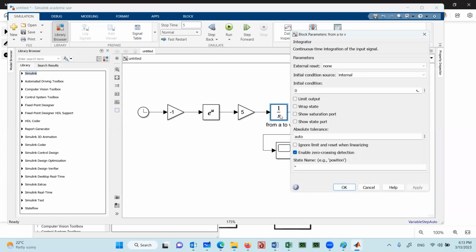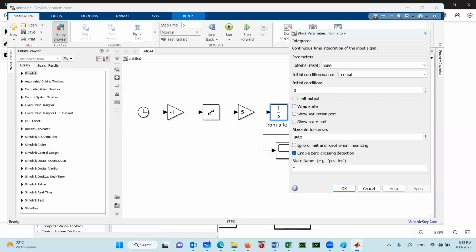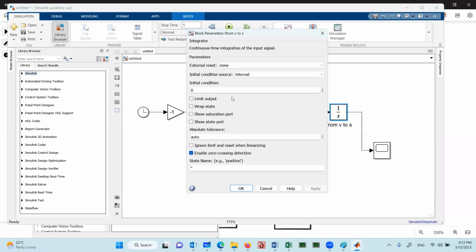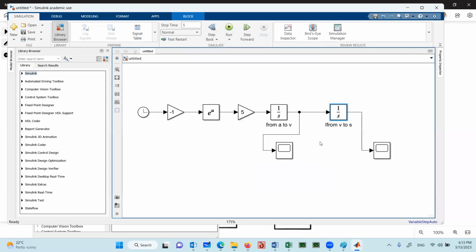This is the initial conditions here for accelerations. I say the initial speed is 0, and here the initial distance is also 0. So you can change that the way you like. Then ask it now to run.